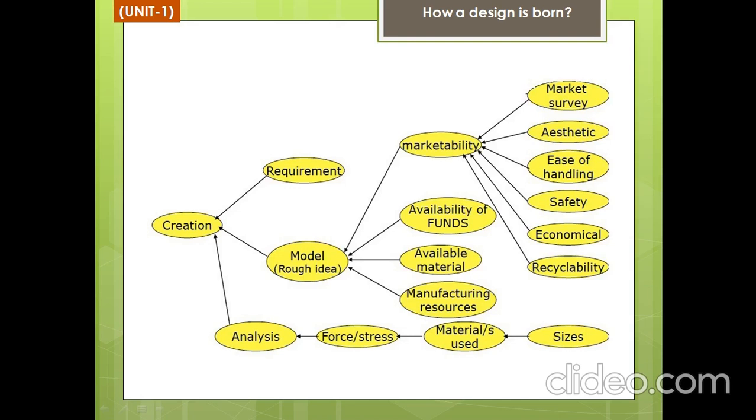Then we have to see the availability of funds, what type of material is available, and what type of manufacturing resources are available with us. Depending on these factors, under our constraints, we move to create a model, or you can say a prototype.